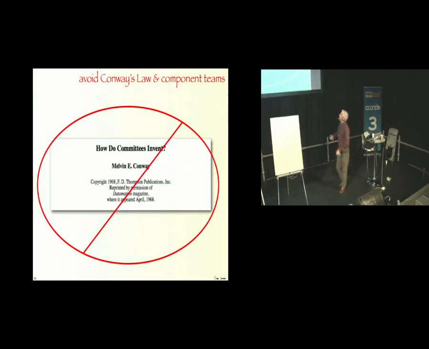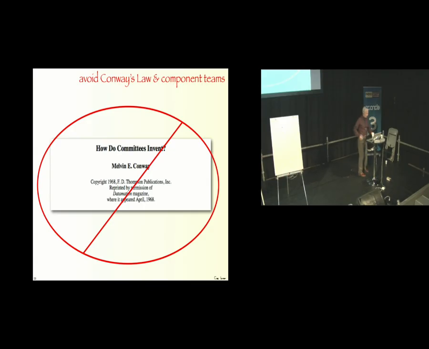And Agile architects avoid Conway's Law and component teams. Those of you who were with me in the previous session have been through this before, but I'll just introduce it again briefly. Mel Conway wrote a paper way back that was actually related to his PhD work called How Do Committees Invent?